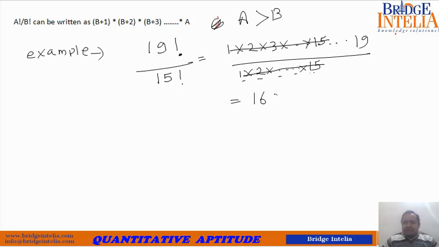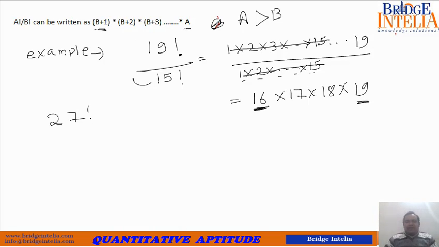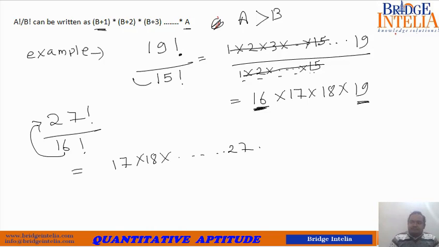What you will be left with is 16 into 17 into 18 into 19. That means the product starts from b plus 1, 16, and goes up till a, 19. Similarly, 27 factorial by 16 factorial would be equal to 17 into 18 up till 27. This is what is meant by this property.